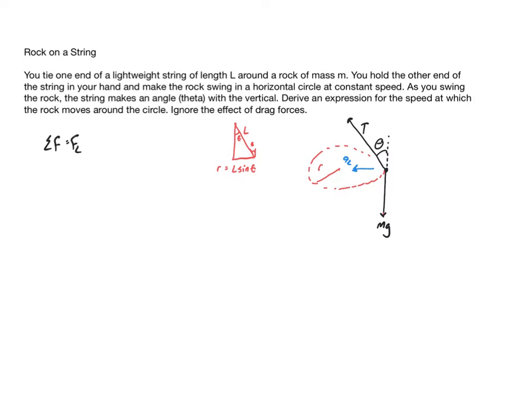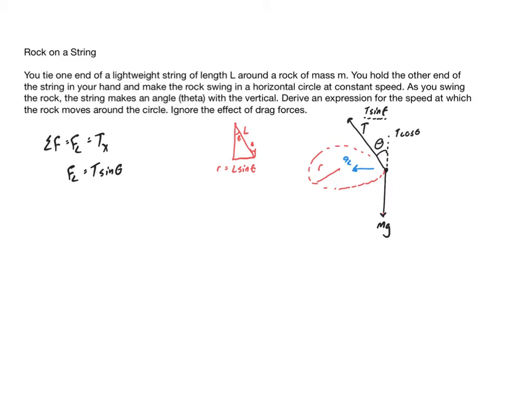So the centripetal force looks like it's equal to the x component of the tension. And so we have the tension going this way. Looks like it's T sine theta. And the tension going this way is T cosine theta. So it looks like the centripetal force is equal to T sine theta. There's that guy there. That's in the x direction.